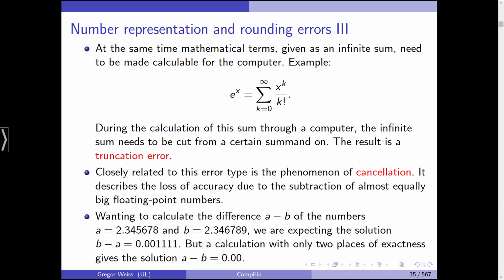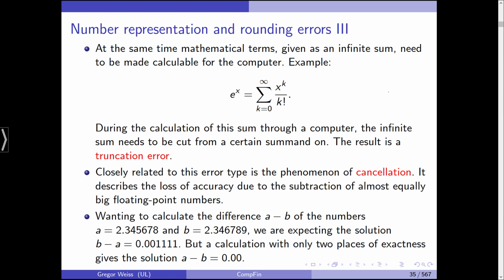Next, we also observe the phenomenon of so-called cancellation. This describes the loss of accuracy due to the subtraction of almost equally big floating point numbers. So if we take, for example, a equals 2.345678, and b equals 2.346789, the difference is actually rather small, and we are expecting the solution to be 0.001111.